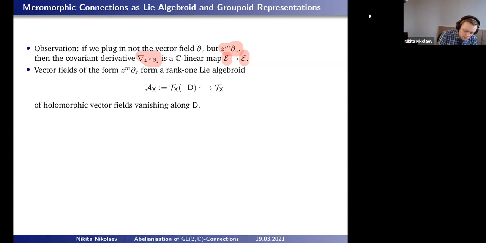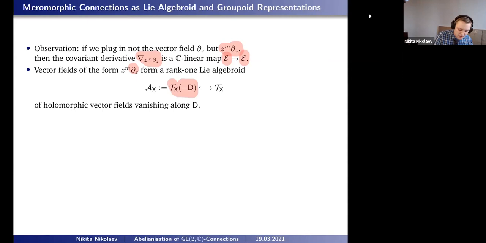These vanishing vector fields are very famous objects, and the most important fact about them is that they form a Lie algebroid on X. It's a rank 1 Lie algebroid, called a twisted tangent bundle, of the holomorphic tangent bundle. So these are holomorphic vector fields which vanish at the points of D to the specified multiplicity.